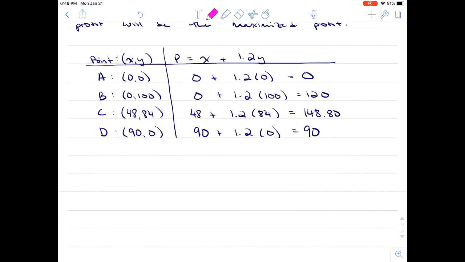So here, our profit is maximized when x is 48 and y is 84, and our maximized profit is 148.80.